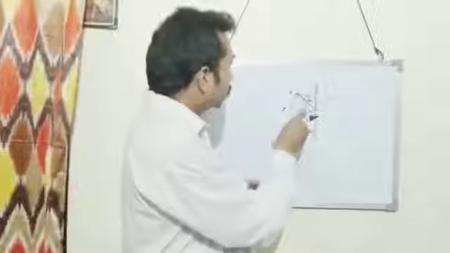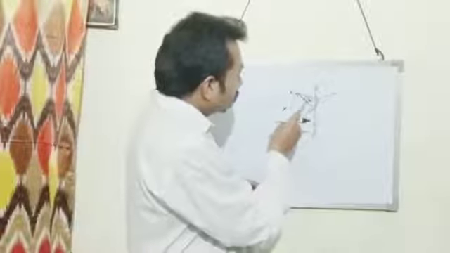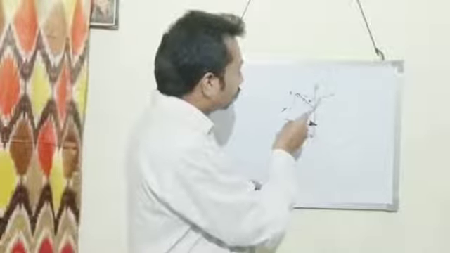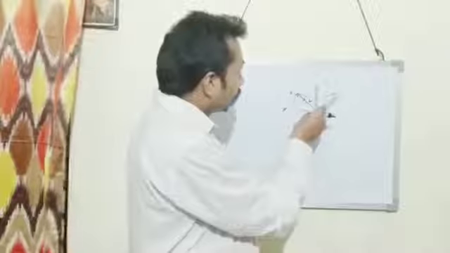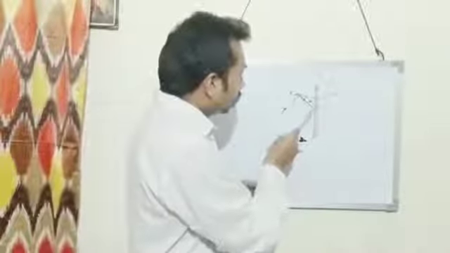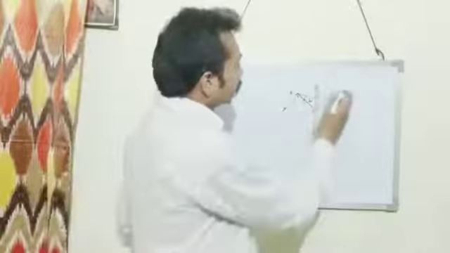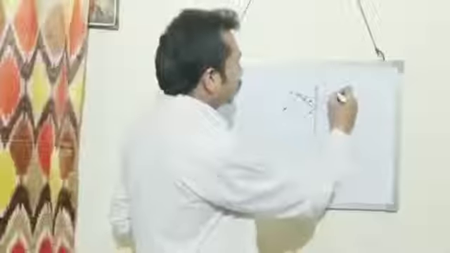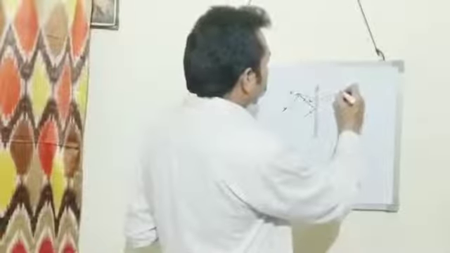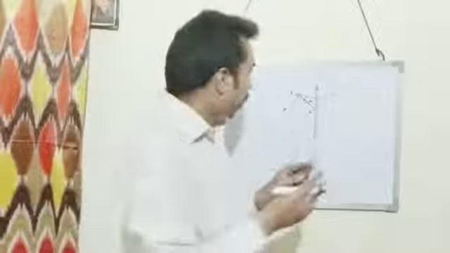This is one incident ray. This is another incident ray. For this incident ray, this is the reflected ray, which on producing backward should appear to go through this point. Both these reflected rays appear to meet at this point. So this is the image of the point X. I have given the name X dash.